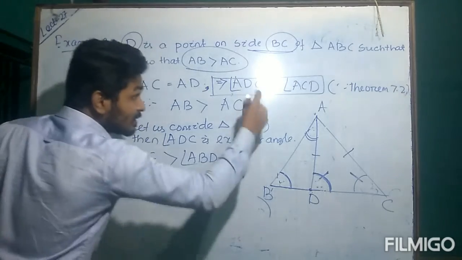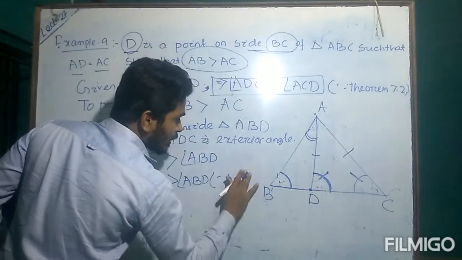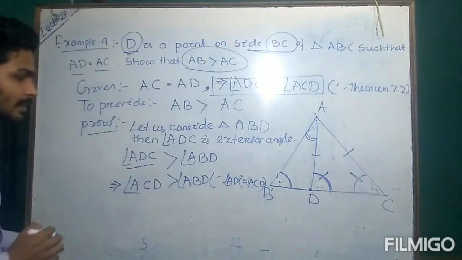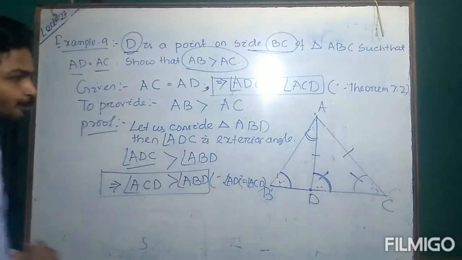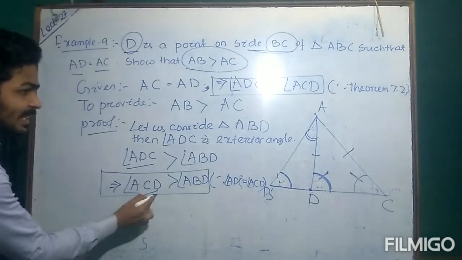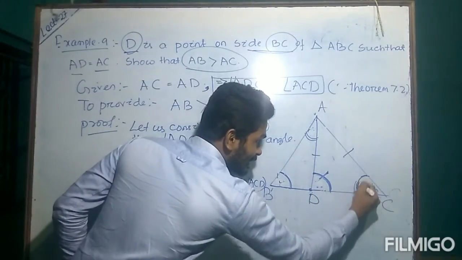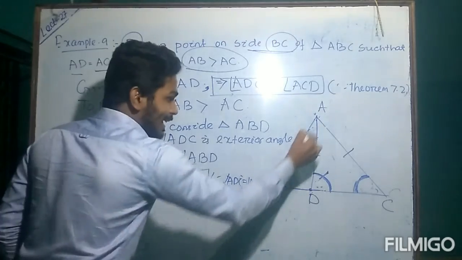Why? Just write the reason. The reason is that angle ADC is equal to angle ACD. Did you get this? So what we have found? We have found that for the triangle ABC, angle ACD means which angle? ACD means this angle. Which angle? This angle.